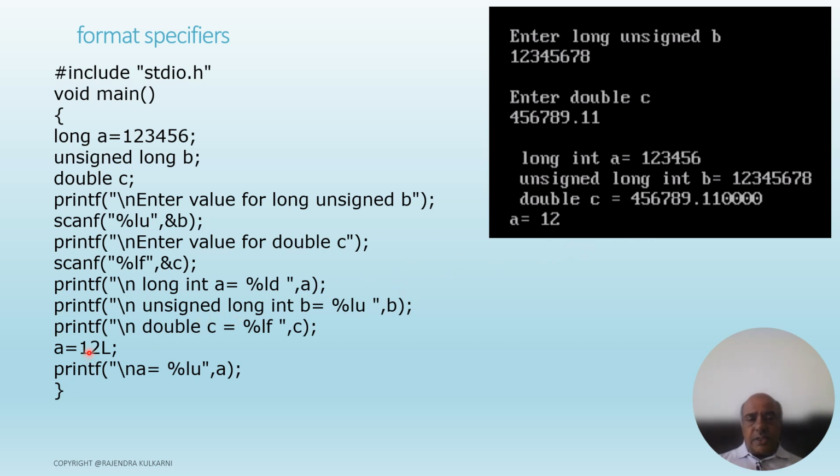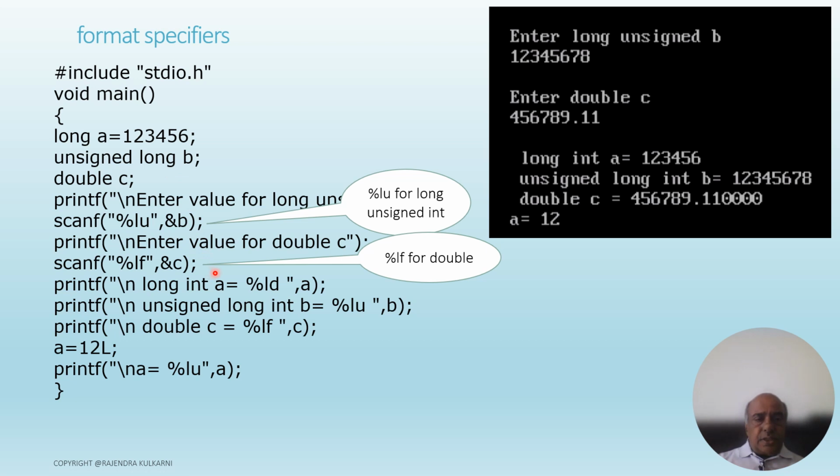12. We have assigned A 12, but what we are doing is telling the compiler that A is a long int to which we are assigning a small value, but that value should be taken as being of data type long. %lu for unsigned long format specifier, %lf for double, %ld for long int. lu for long unsigned, ld for long int.